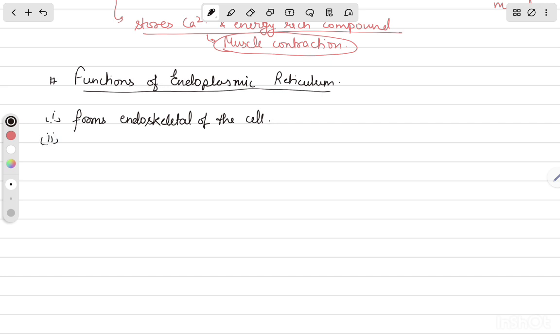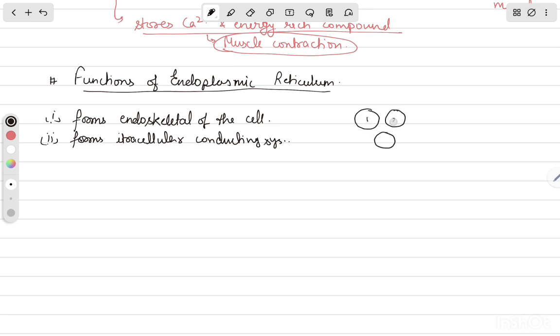Second, it forms intracellular conducting system. First, we'll learn about intercellular and intracellular. Suppose we have a group of cells, right?